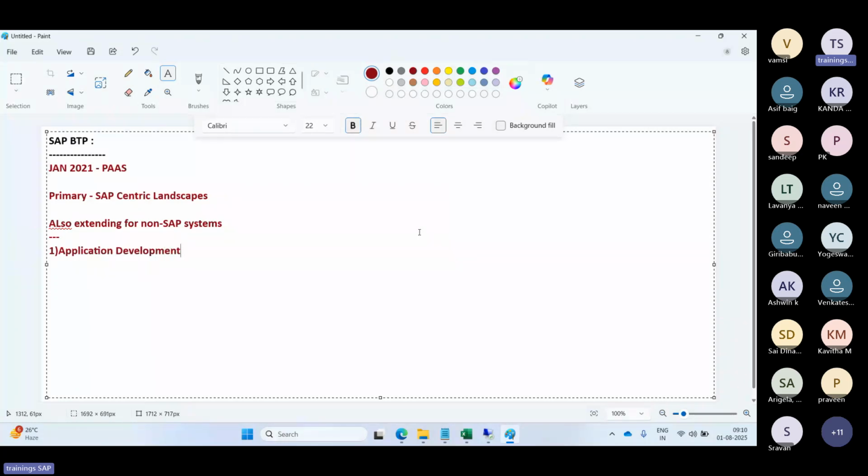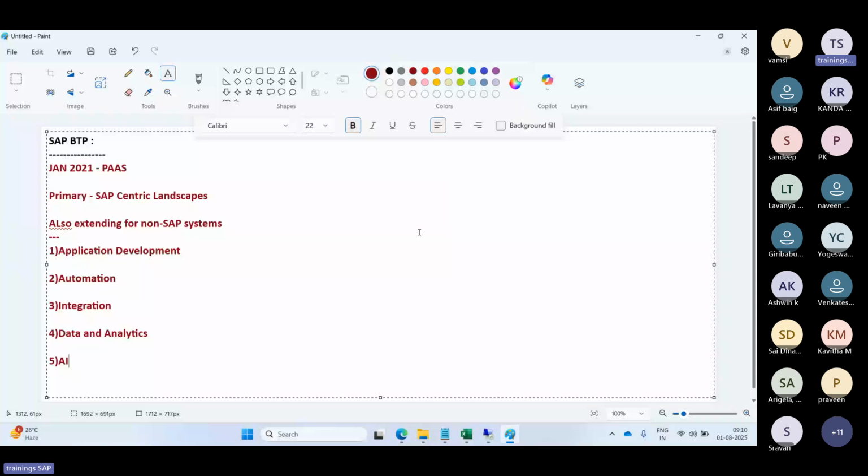The second one is automation functionalities. The third one is integration related functionalities. The fourth one is data and analytics related services. The fifth one, which SAP recently introduced, is AI related services, AI core related services, right?